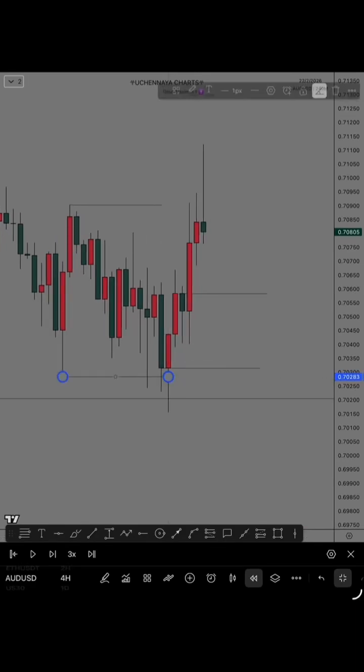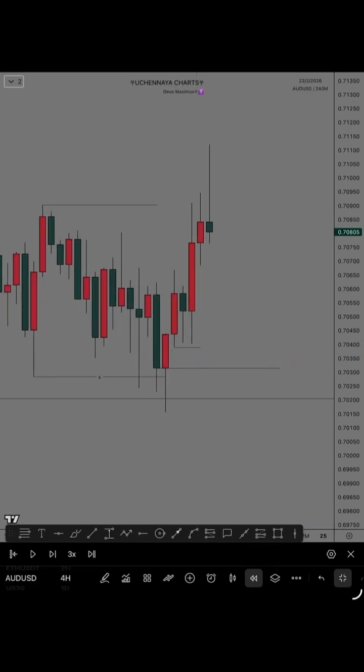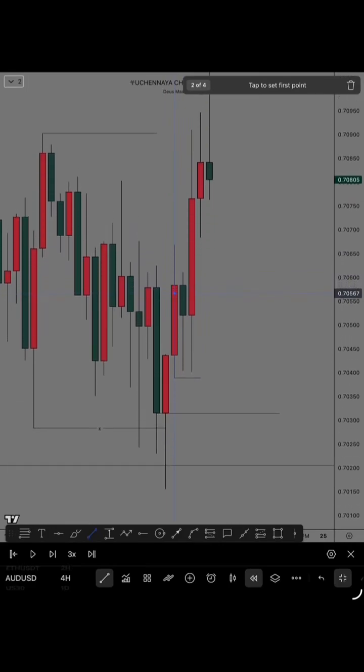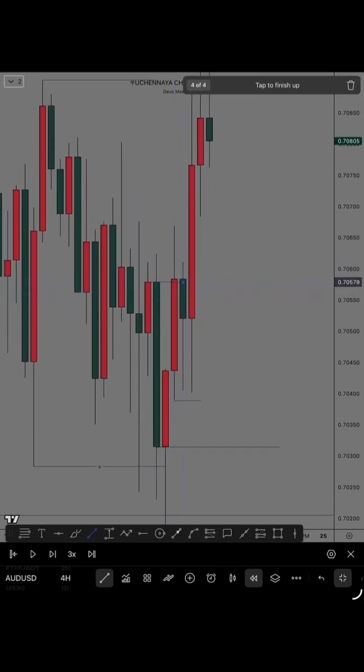When you look at this level, I do not have any inducement above it, and right here we have these equal lows resting below. Which is the reason why I'm going to rule out this very level. Why? This is a whole new structure on its own. Because when you look at this, this is a structure, and this is another structure on its own.